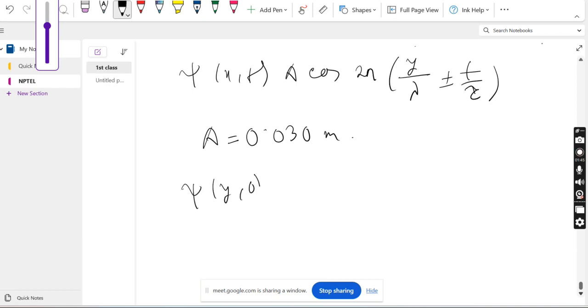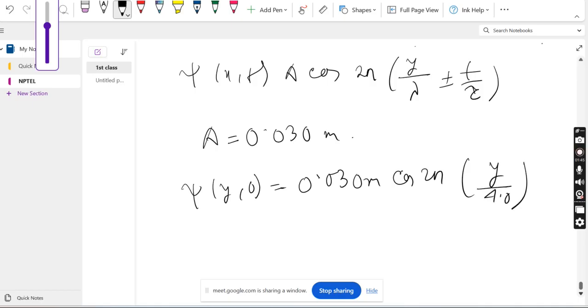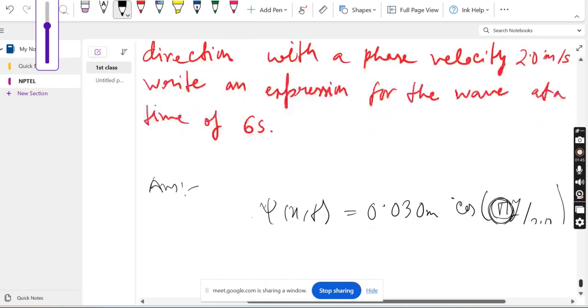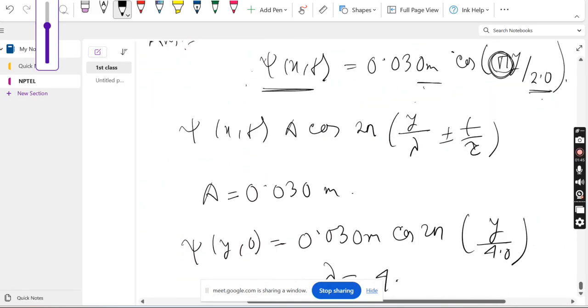So psi at y, 0 is 0.030, and lambda from here, you need to write it in proper form.